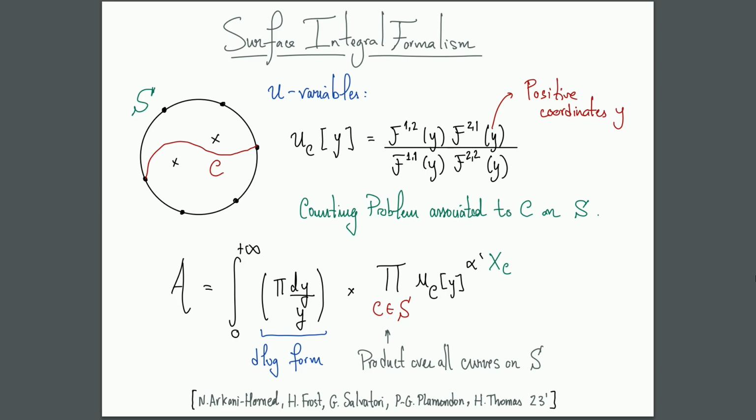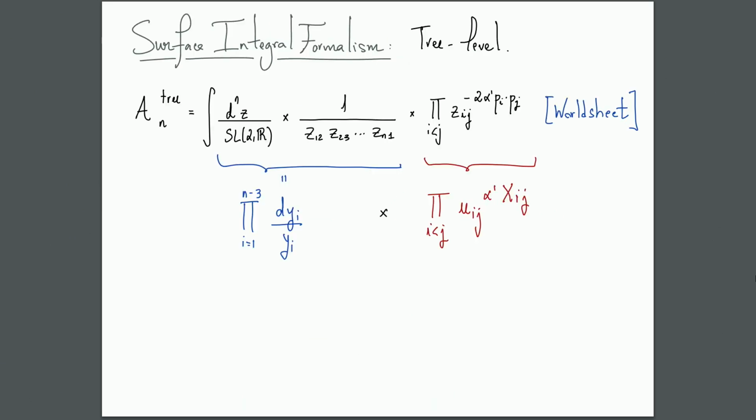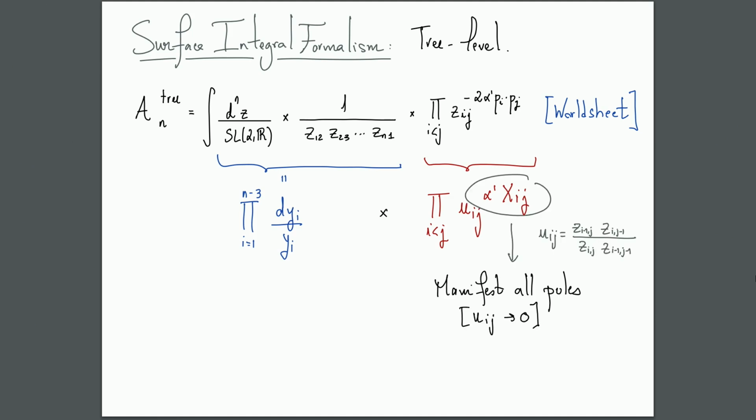Okay? And so at tree level, we can actually just go back and connect this formalism with the standard worldsheet one. All that happens is that the Koba-Nielsen factor gets replaced by this product over the u_ij to the alpha prime x_ij, where in this case the u's are really just simple cross ratios in the z's. And you see already here we've succeeded in making manifest the kinematic dependence where the poles are located.